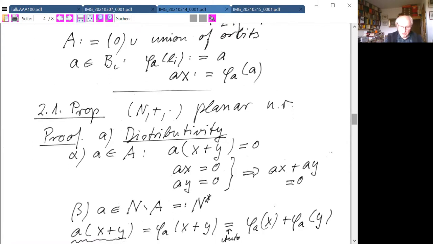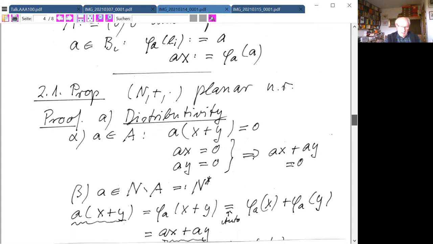First, we show distributivity. This is almost trivial. If a is in capital A, then a times (x plus y) is 0, and ax is 0, and ay is 0, so ax plus ay is also 0, whether you multiply by a individually or multiply the sum.